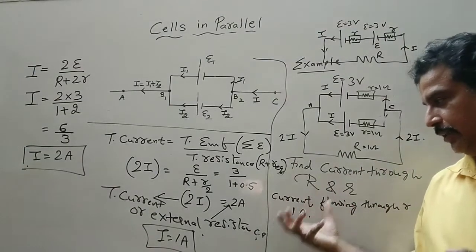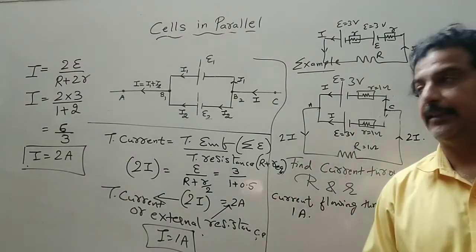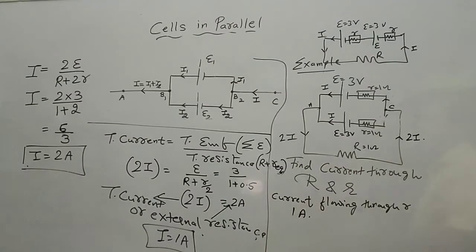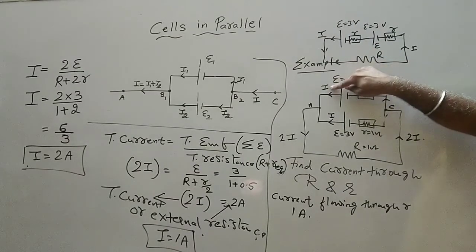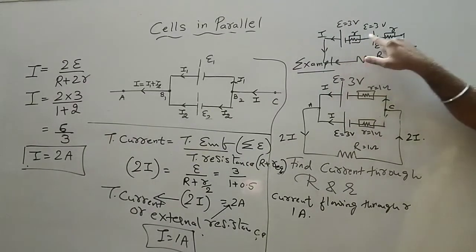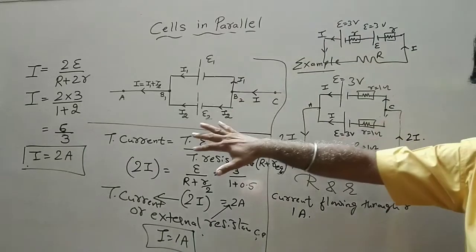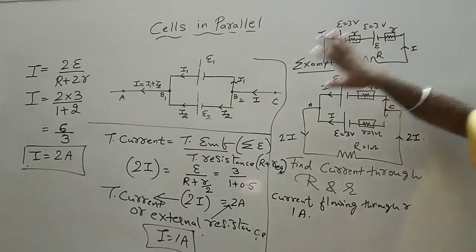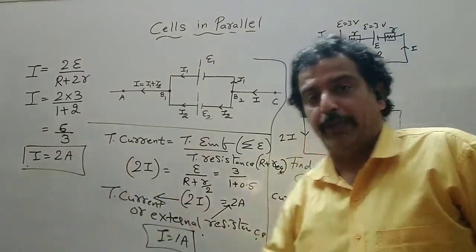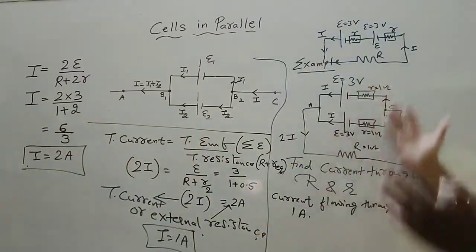This is how we do the series and the parallel combination. Now here the current flowing through each cell, or current drawn from each cell, is 1 ampere. But here the current drawn is 2 ampere, and the current flowing through external or internal, all answers are 2 ampere. Here by chance the values are taken like this.